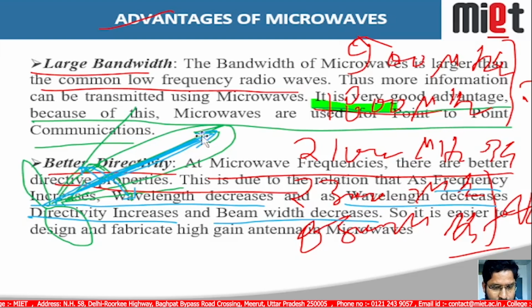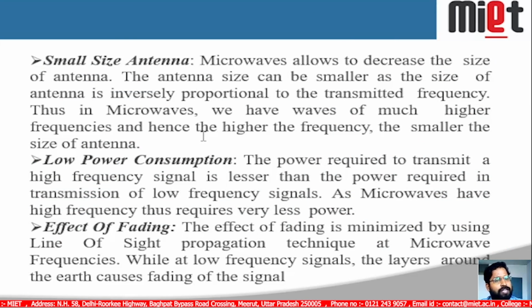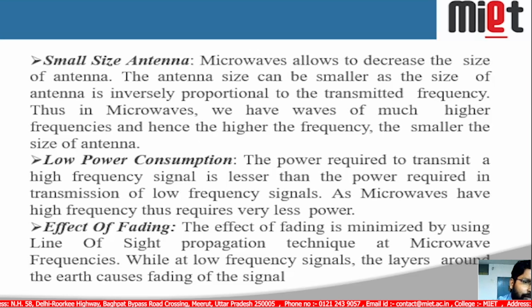Now we discuss further a small size antenna at the microwave frequency. As we know, as frequency increases, wavelength will decrease, and as wavelength decreases, the size of the antenna also decreases.